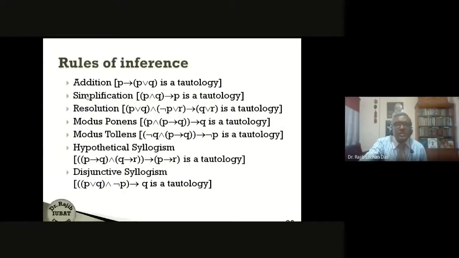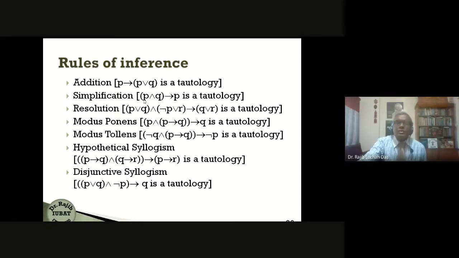So check the simplification. What is written here? P and Q, and on the right side only P, is a tautology. That means if you write only P on the right side, the whole thing will always be correct. That is a tautology. If you write Q on the right side, that will also be a tautology, also correct.